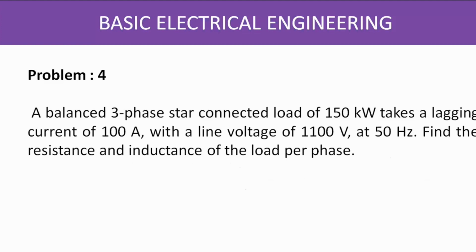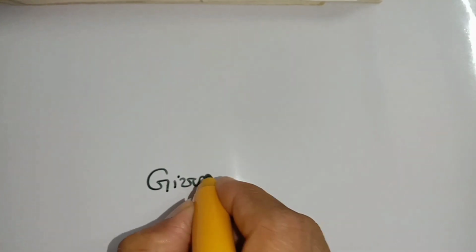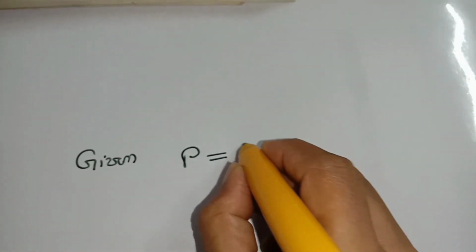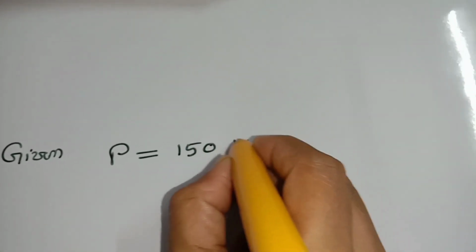Problem 4. A balanced three-phase star-connected load of 150 kilowatt takes a lagging current of 100 amps with a line voltage of 1100 volt at 50 Hz. Find the resistance and inductance of the load per phase. The solution is a three-phase star-connected system. Power taken by the load P is equal to 150 kilowatt.